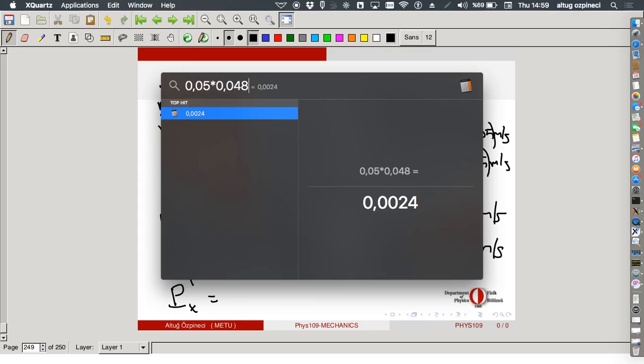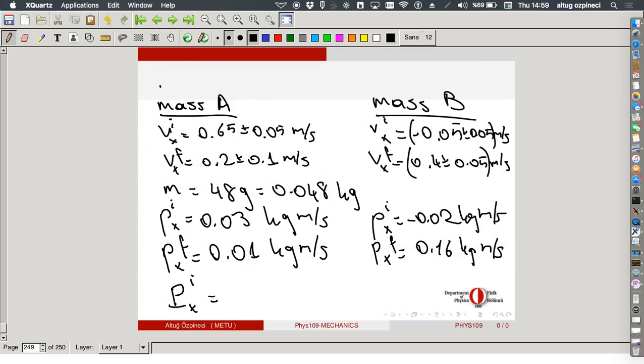This is the initial momentum. I have one more 0 over here. Well, the initial momentum is more or less 0.03 kilogram meters per second. Well, this is very small compared to this one. So mainly only this one has the initial momentum.